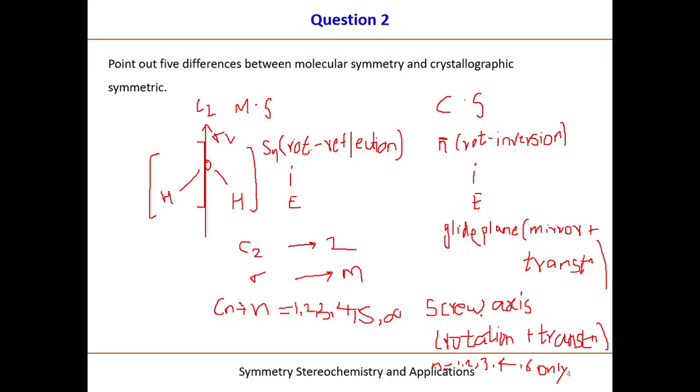If you want to learn about the glide plane and screw axis in detail, you can check YouTube videos which talk about these two terms with examples. So we have discussed more than five differences between molecular symmetry and crystallographic symmetry. This is also clear to you.